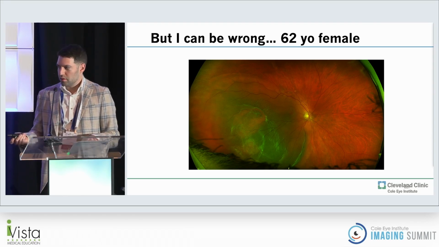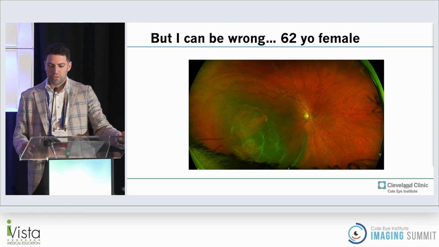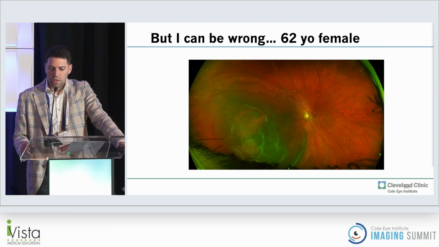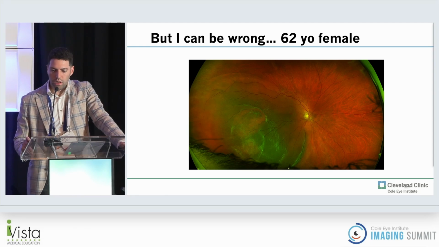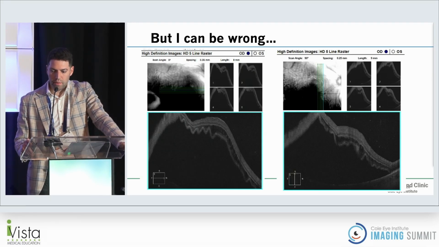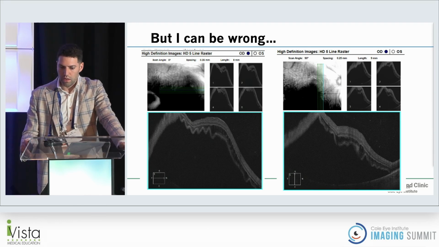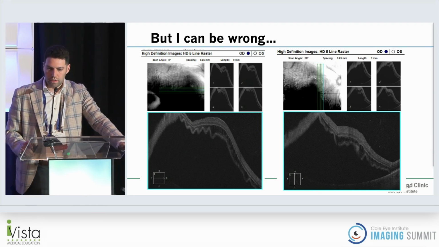So luckily Sunil's not here yet, but this is where I kind of failed my new boss. This is a macula-off detachment that I saw in my clinic, a Monday clinic, seeing a ton of patients, retina, uveitis, and I add it on to my colleague for the next day. I'm quickly looking through the scans.